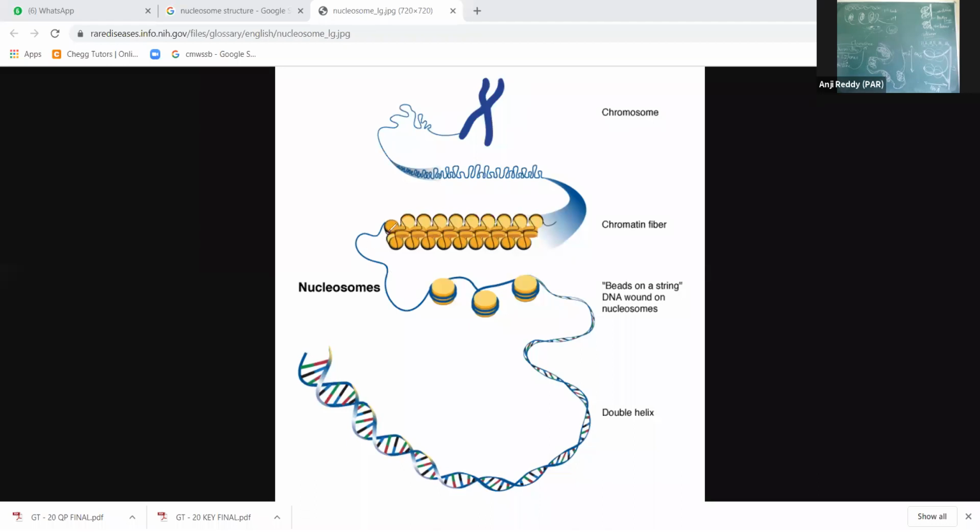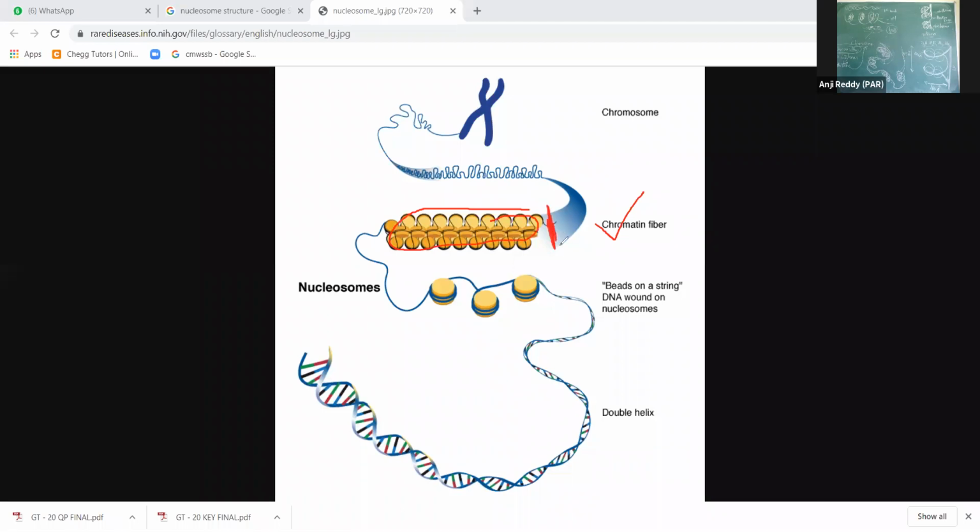Then that chromatin is folded. See here, this is folded. Many nucleosomes are condensed and that nucleosome structure is folded again. When they are folded again, there is formation of chromatin fibers. See here, this is the diameter.